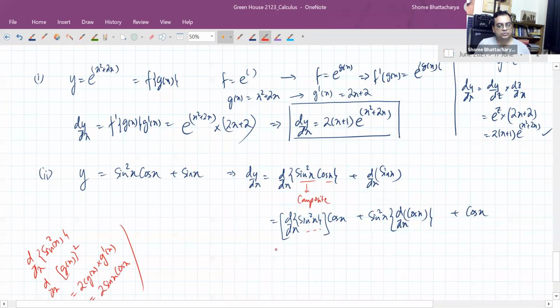So that's how this term will come out to be 2 sin x cos x into cos x plus sine square x into minus sin x, plus cos x. That's how we get this final expression.